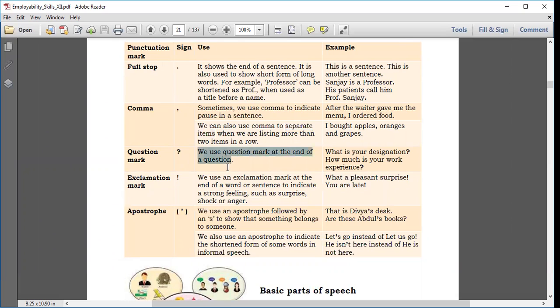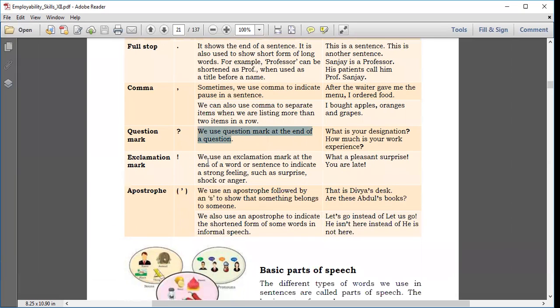Question marks, we all know that it comes at the end of the question, and we use exclamation mark at the end of the word and sentences to indicate strong feeling. Strong feeling means like if you are surprised to see something, such sentences end with an exclamation mark. Shock, anger, such kind of feelings if you have, and you want to express those feelings in the form of sentences, at the end of the sentences you have to put an exclamation mark.